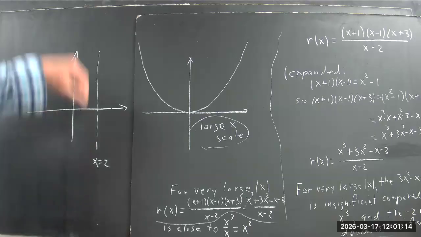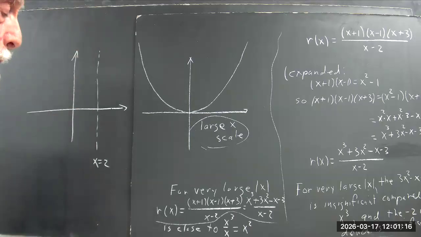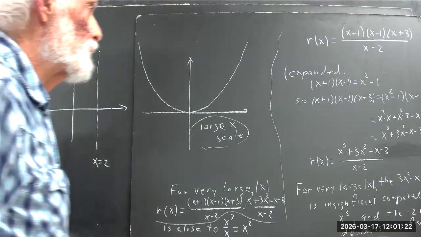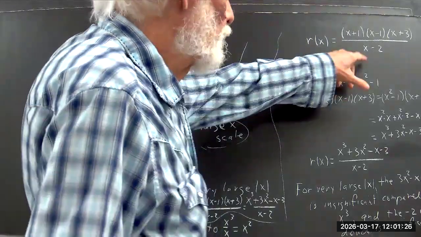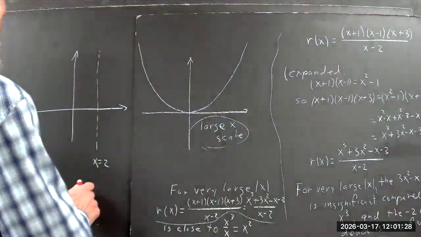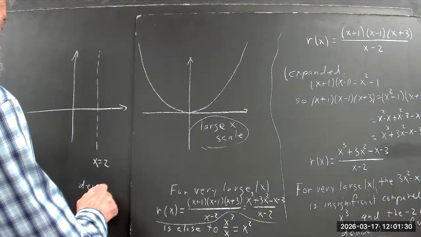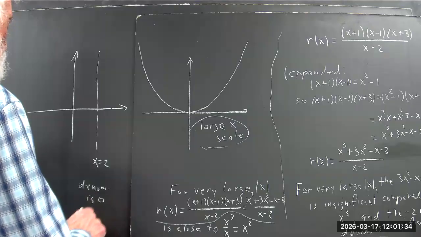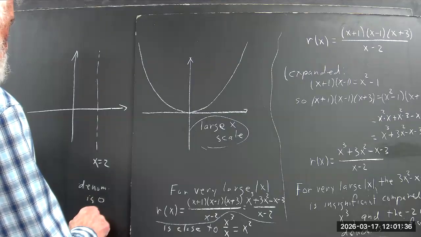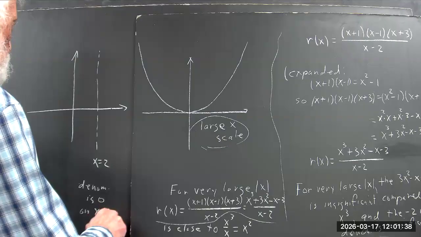This vertical line is the line where x equals 2. While we're at it, let's also figure out where this function is 0. This is a 0 of the denominator. The denominator is 0 on the line x equals 2.